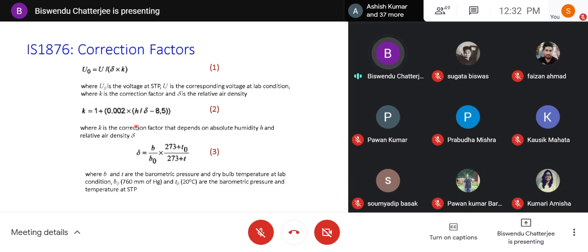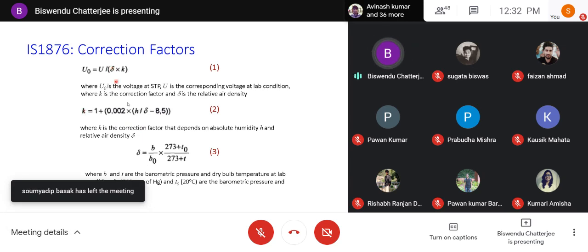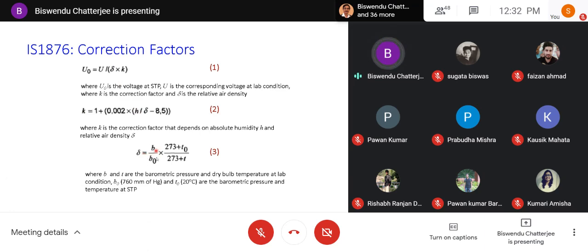What are the variables now? From here delta, and K is here. So delta and H, two things are variable ultimately. Now delta is the temperature and pressure correction. See this T0 and T. T0 is 20 degrees Celsius and T is the lab condition temperature.